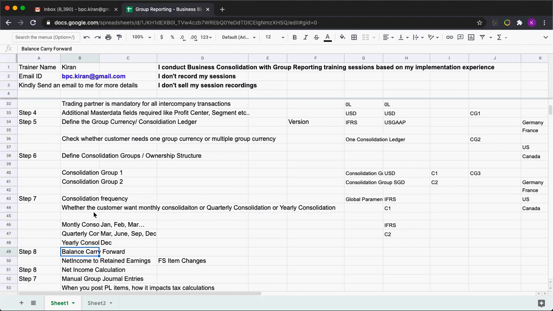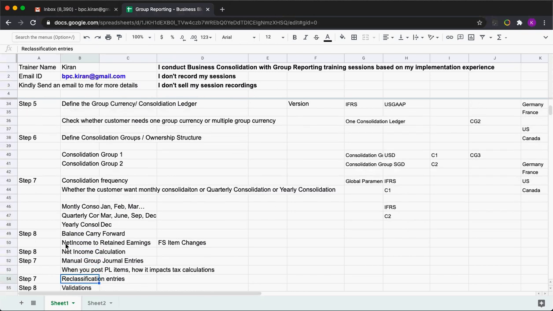In the same way, any non-controlling interest relevant balance sheet net income should be moved to the NCI retained earnings part, right? Any FS item changing its number, you can discuss with them and note it down. Otherwise, you can just mention that net income will be moved to retained earnings, NCI net income will be moved to retained earnings, and also mention that it goes to period 0.